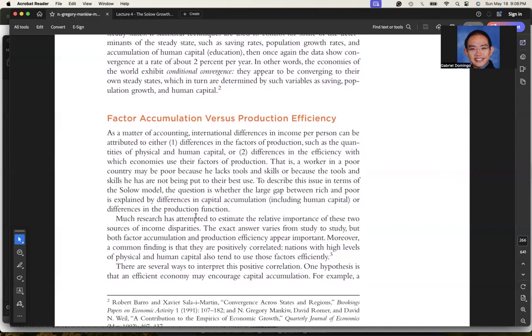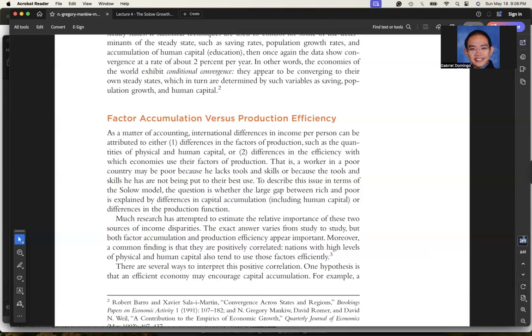Okay. So from this point, it will be better if we move to the end of the chapter and discuss growth accounting. This is in fact what this whole section is, factor accumulation versus production efficiency.